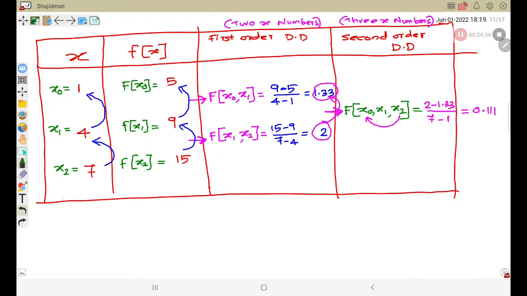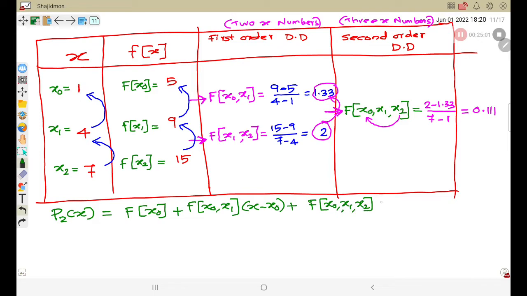Now from this divided difference table we are calculating P2 of x, the second degree divided difference polynomial. First we are writing the rule. What is the rule? f of x0 plus f of x0 comma x1 multiply x minus x0 plus f of x0 comma x1 comma x2 multiply x minus x0 multiply x minus x1.